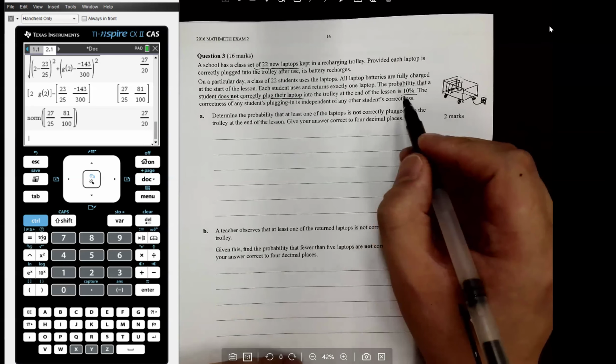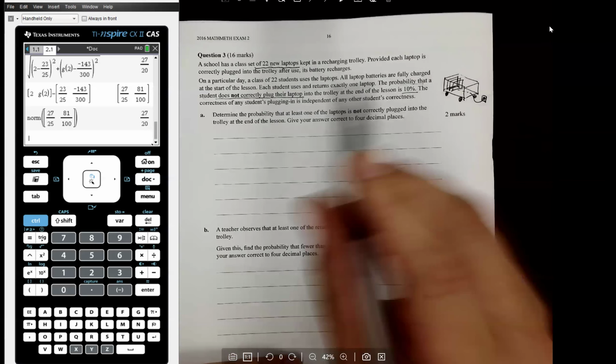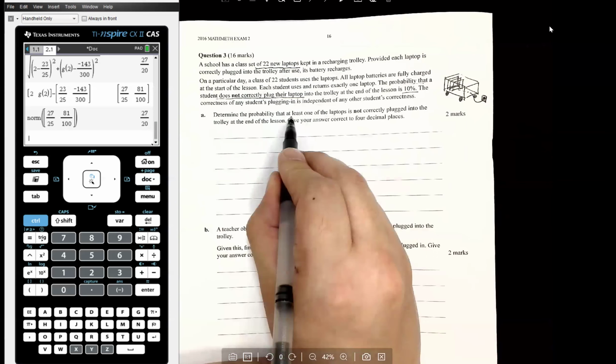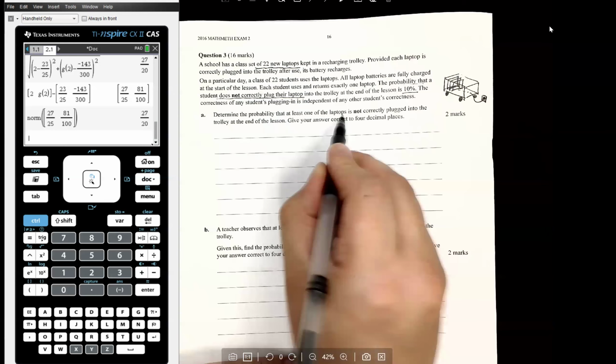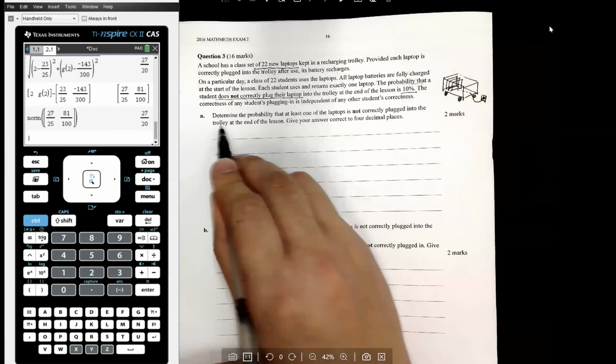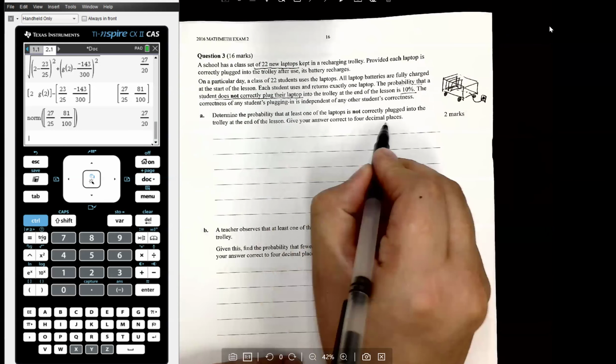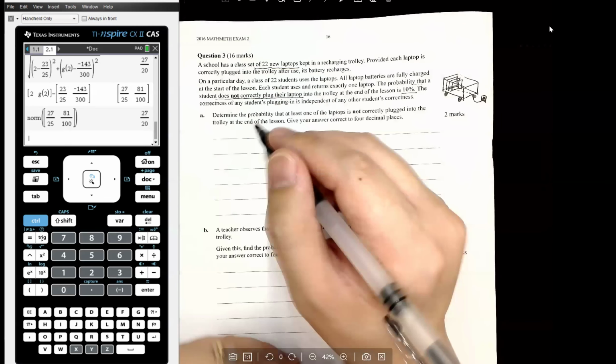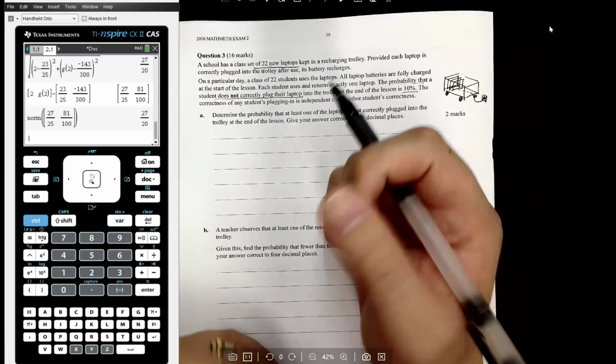Determine the probability that at least one of the laptops is not correctly plugged into the trolley at the end of the lesson. Give your answer correct to four decimal places. So it's either correctly plugged in or incorrectly plugged in.